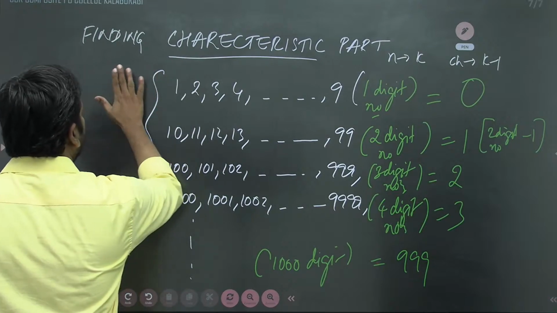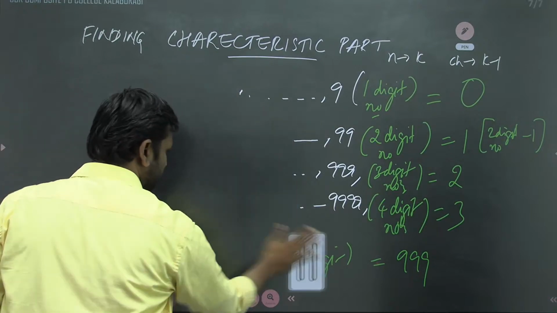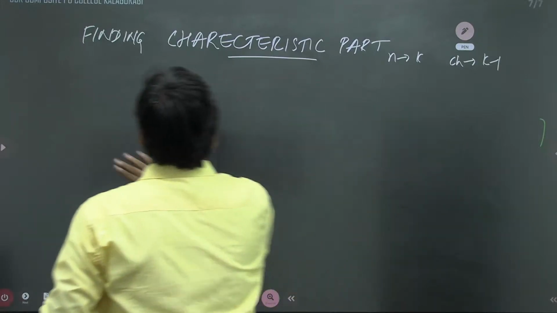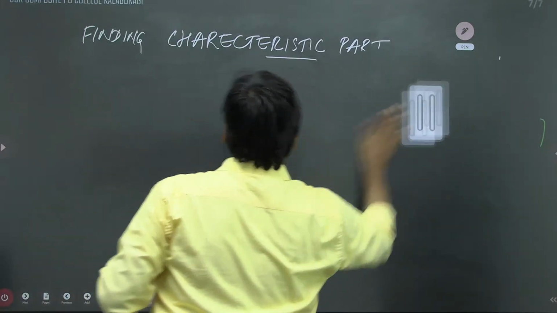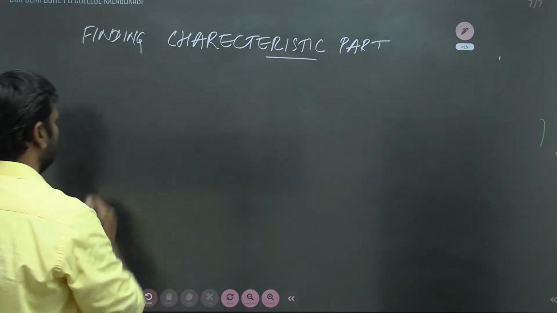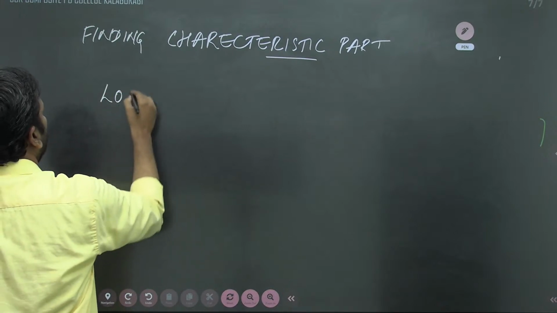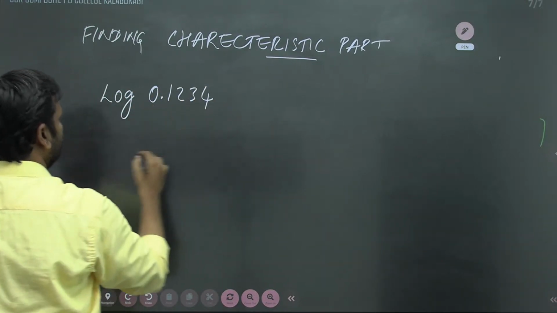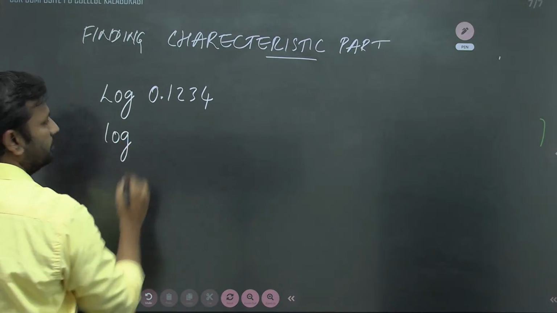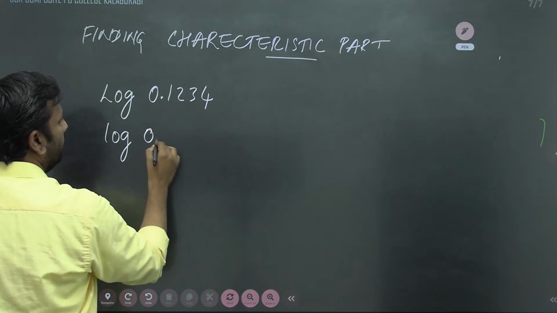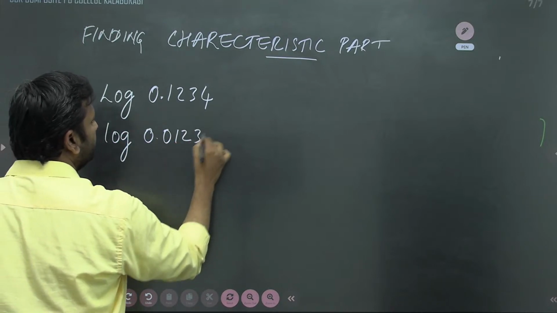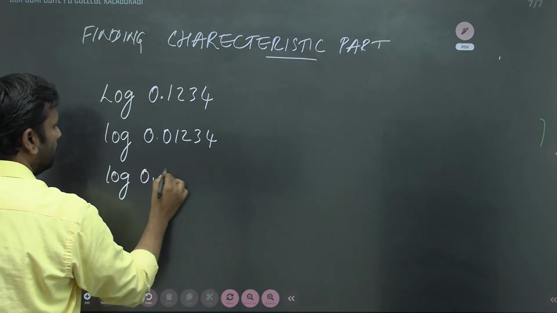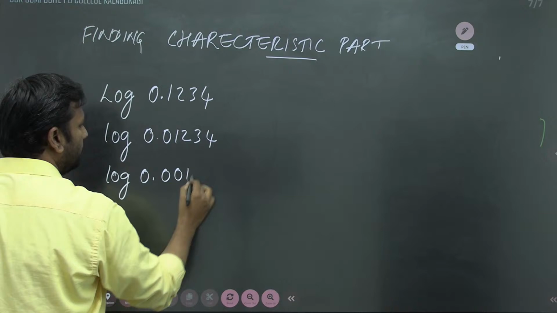So now you see, students, if you have something like this: log of 0.1234, log of 0.01234.